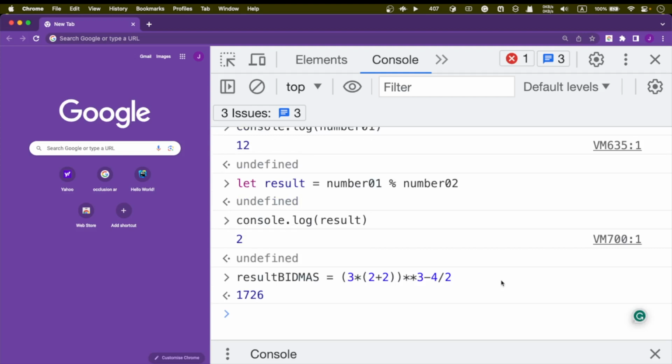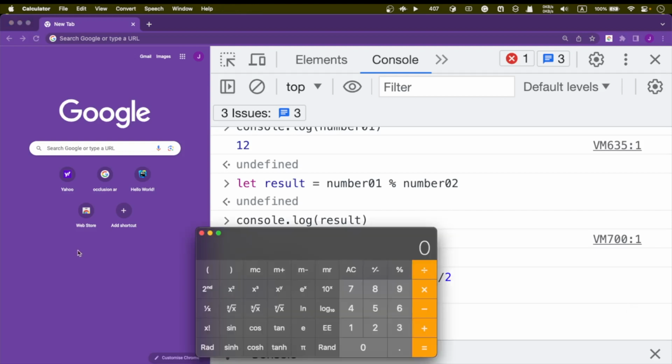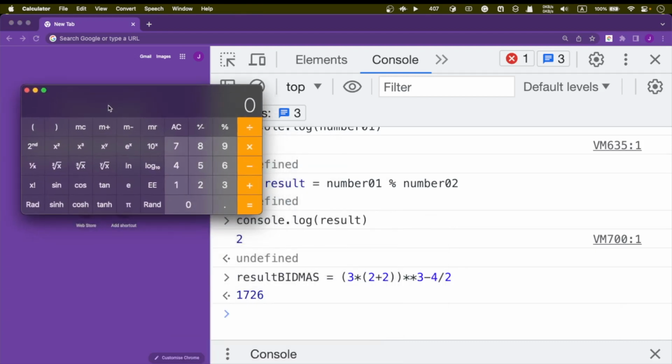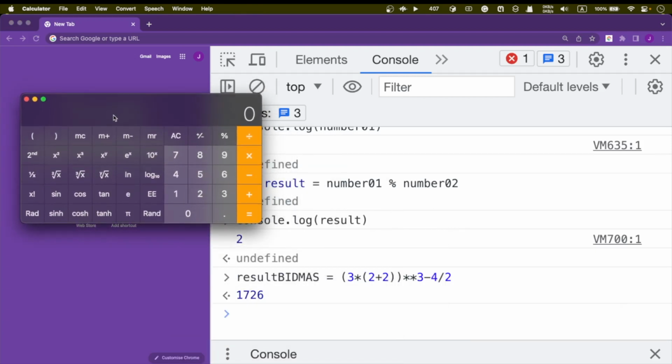Okay, and just to be sure, let's use calculator to do that ourselves, so you guys know the order of thing. I think this practice only needs to be done once, because once you know the gist behind it, you can basically understand it and you never forget. So 2 plus 2 equals to 4, multiplied by 3, okay, 12, raised to the power of 3, so raise that to the power of 3, and we got a result of this pretty big number.